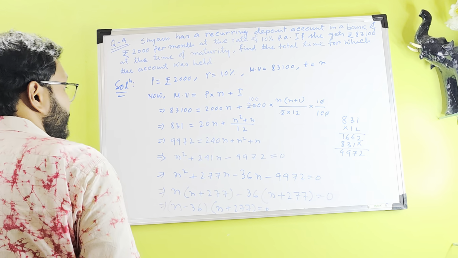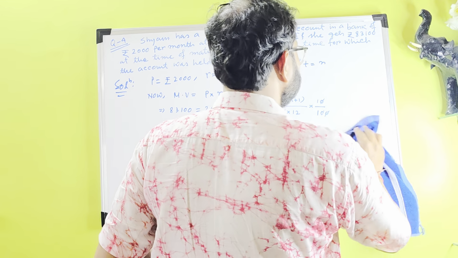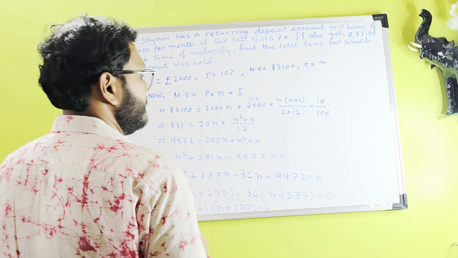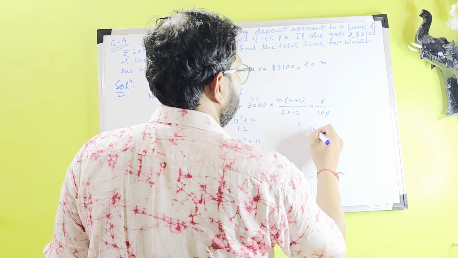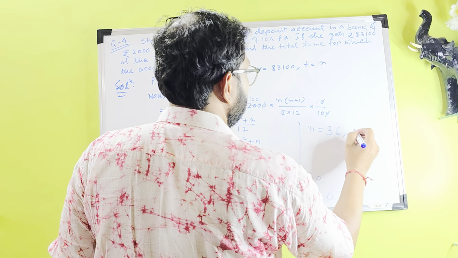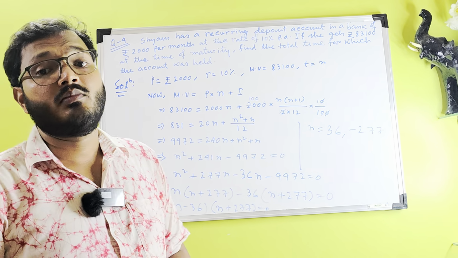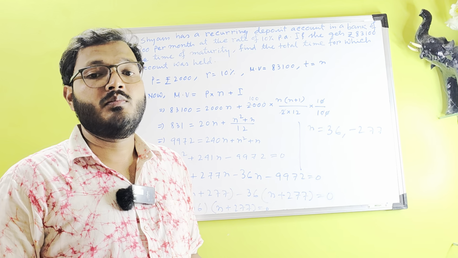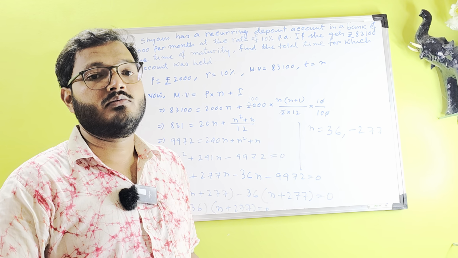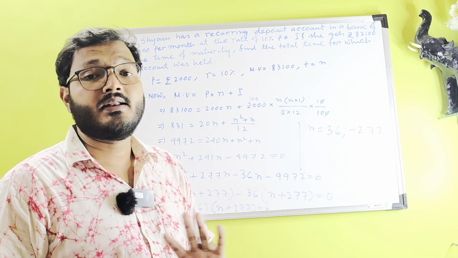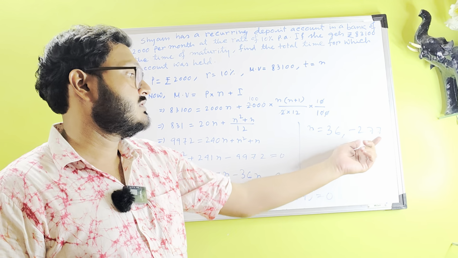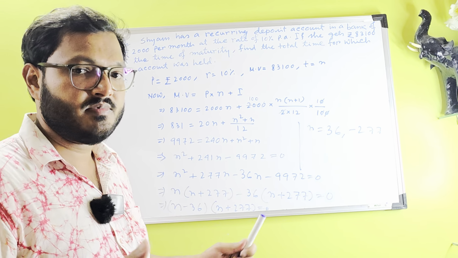So what are the values of n? n equals 36, minus 277. But n is the number of months, and the number of months cannot be negative, so minus 277 cannot be.